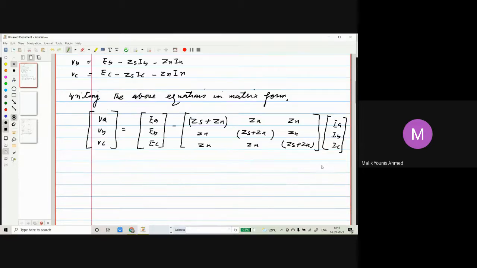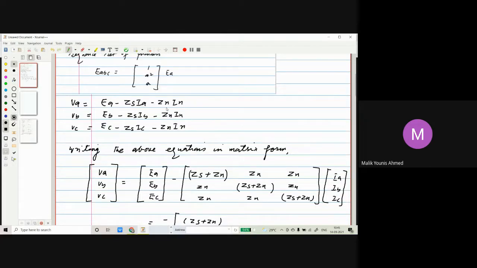How come we have got this? You can have a look here. We had minus ZS plus Zn IN, where IN is the neutral current, equal to IA plus IB plus IC. So out of this, I am taking out ZS plus Zn, that means IA will come common.